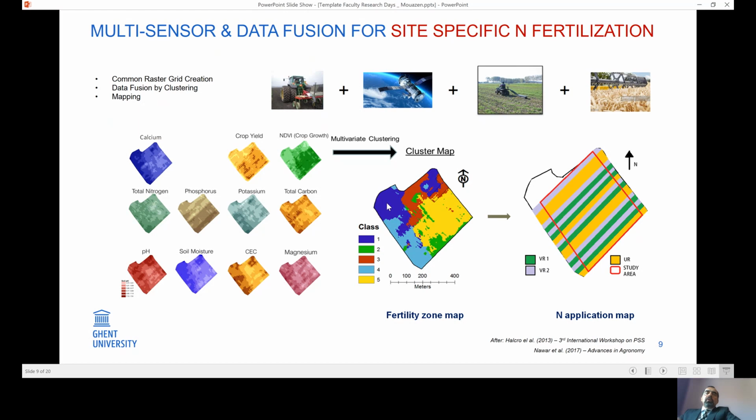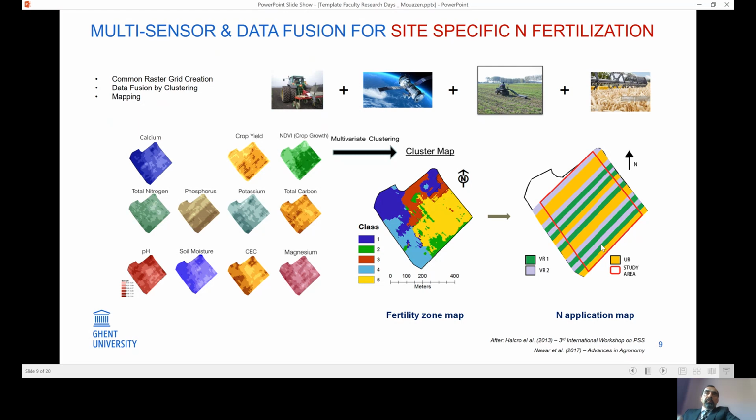Each of these zone maps was assigned a class of fertility, based on its correlation with yield that we have measured with a combine harvester. Then we have designed a strip experiment where we have 3 types of treatments. We have a uniform rate treatment. We have variable rate treatment 1, which is the green one.